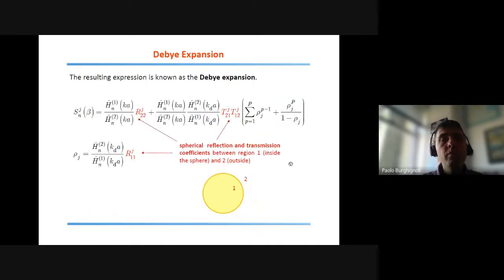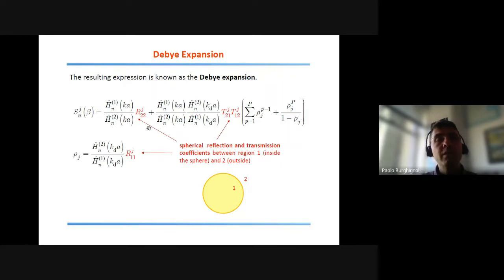If you do so, you will be able to express the amplitude coefficients of the Mie series, these S functions on the left-hand side of this equation, in terms of spherical reflection and transmission coefficients between the region inside the sphere, here labeled as region 1, and the region outside the sphere, which is here labeled as region 2.